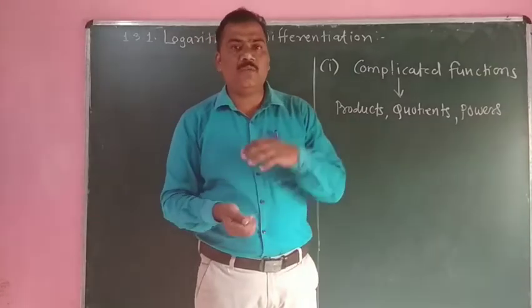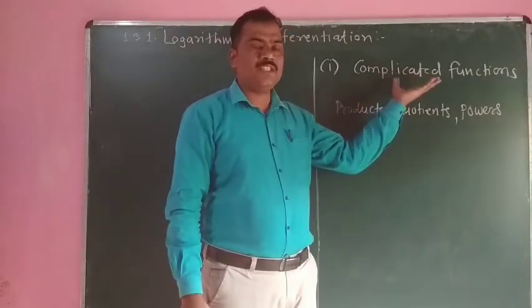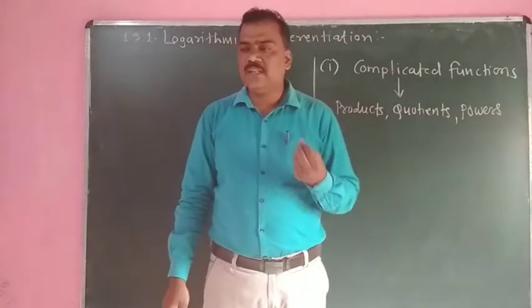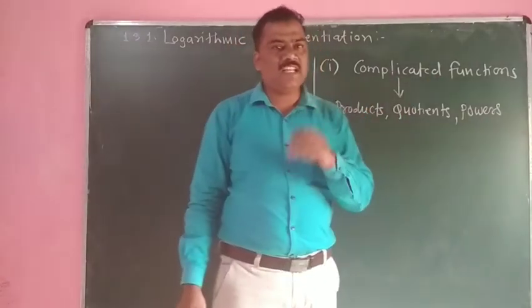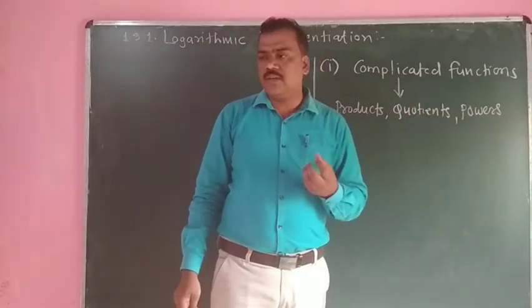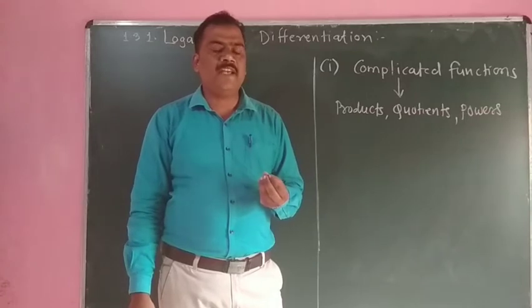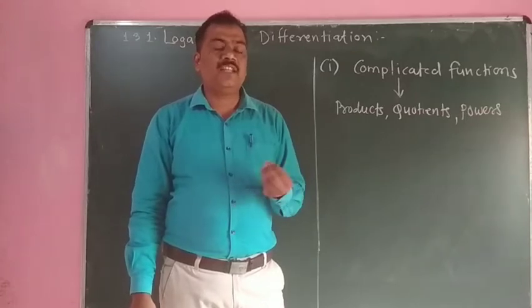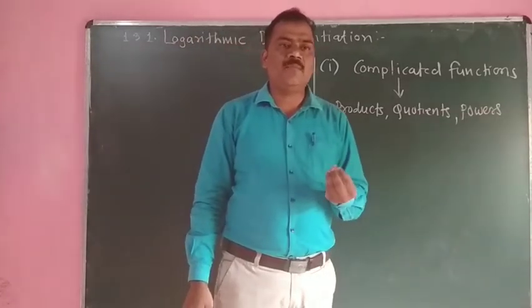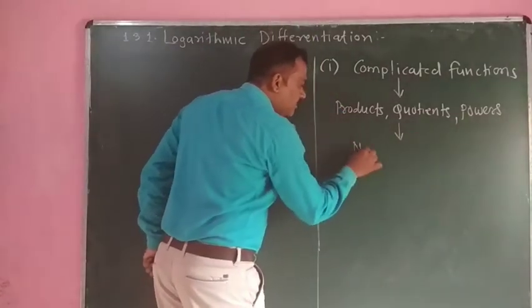Means when we are given functions, that type of functions are complicated functions. Complicated functions given by the formula that involves products, quotients and powers can be easily simplified by taking the logarithm, by taking the natural logarithm on both sides.